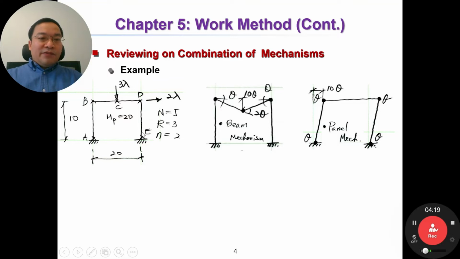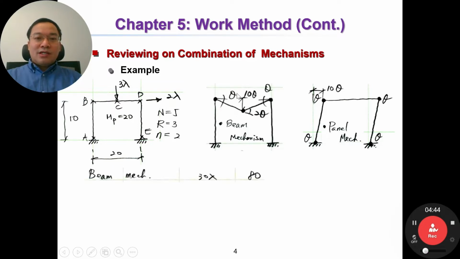And back to the previous example. We already have n equal to 2. Then there are two independent mechanisms: the beam mechanism like this and the panel mechanism like this. With the beam mechanism, we can write down the work equation.